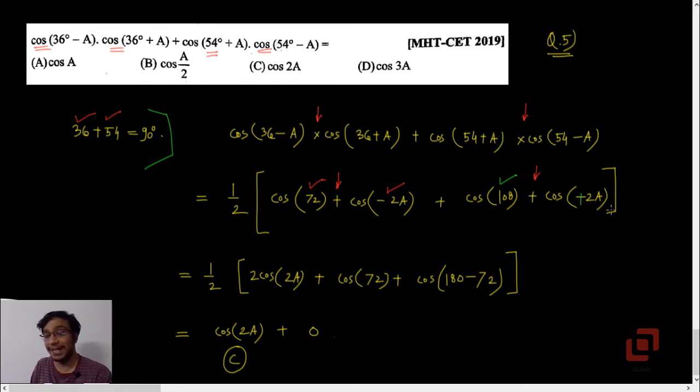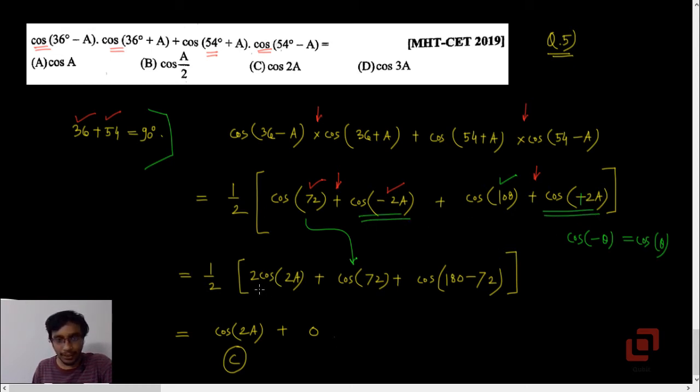But see, that doesn't matter because as I said earlier, cos of minus theta is cos theta. Okay, yes. So now we have got cos 72. Yes, cos of minus 2a is cos 2a, and here we already got cos 2a. So these two terms can be combined and you'll get this term. Okay, 2 cos 2a. And what is 108?